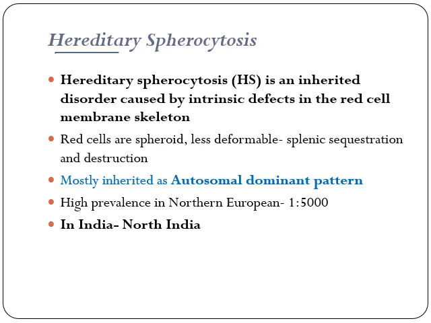What do I mean by less deformable? Now, in a normal RBC, whenever they undergo minor changes, they can adjust to those changes by changing their shape. But in hereditary spherocytosis, this changing capacity is reduced. As a result, they will be prone to being destroyed in the spleen.